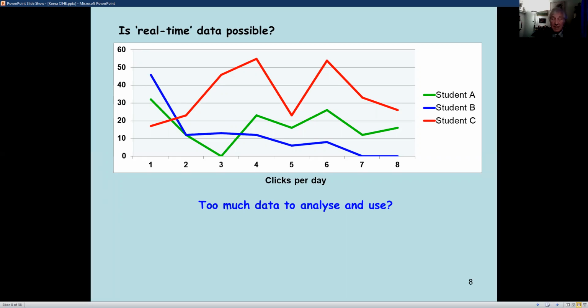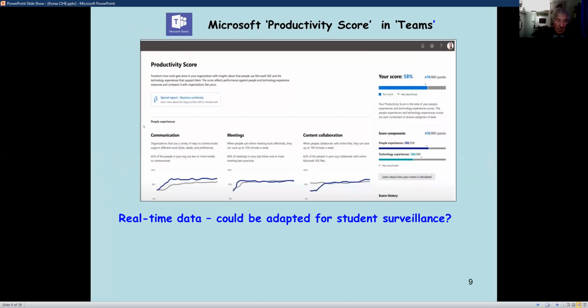Much more sophisticated examples might be possible. You may well have come across this Microsoft productivity score in Microsoft Teams.